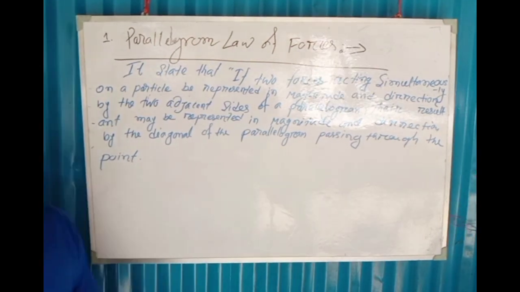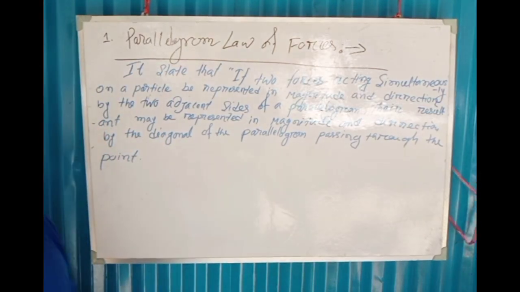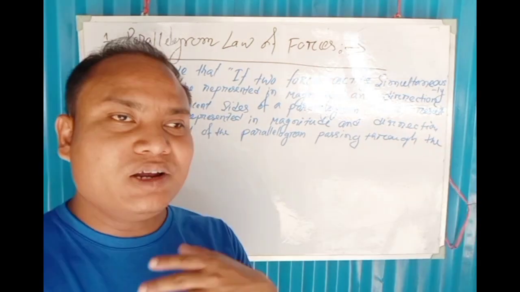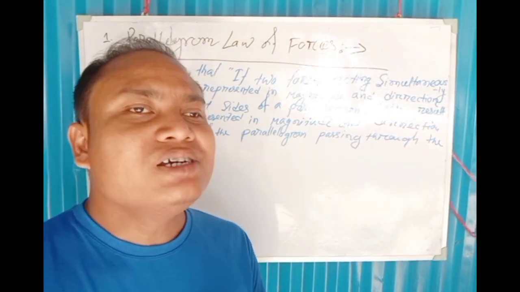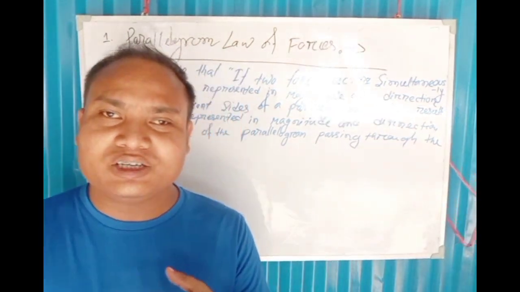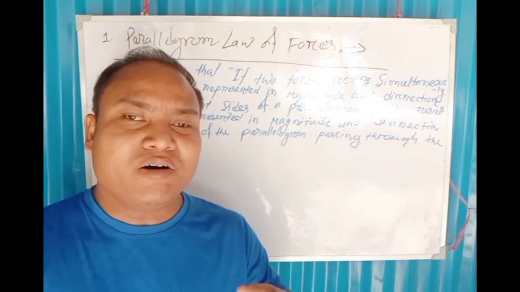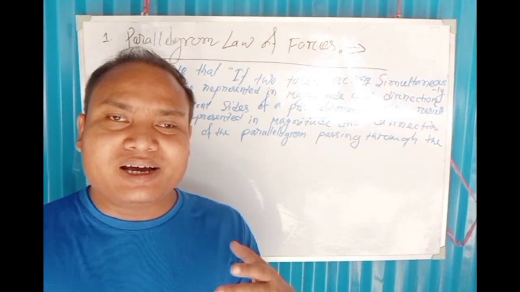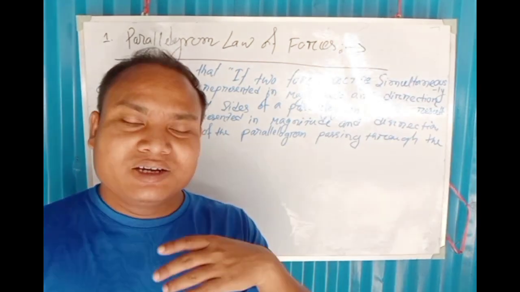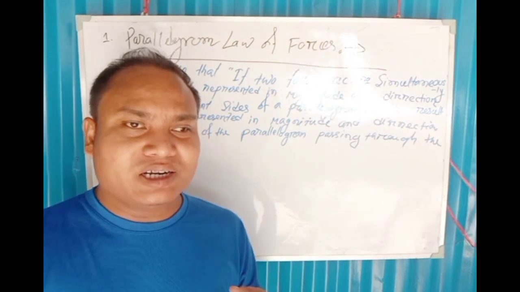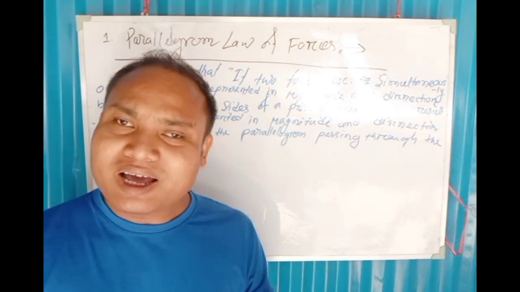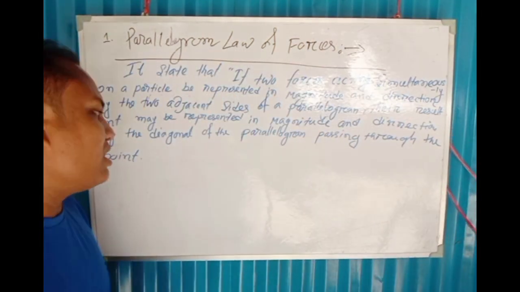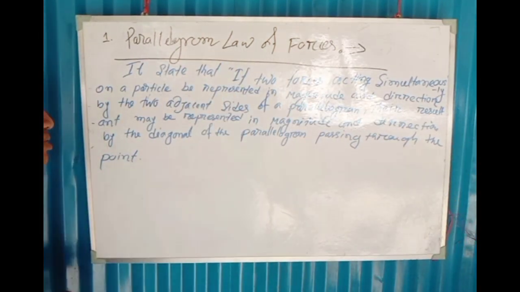The parallelogram law says that if two forces acting simultaneously on a particle are represented in magnitude and direction by the two adjacent sides of a parallelogram, then the resultant will be represented in magnitude and direction by the diagonal of the parallelogram. If I draw a diagram, it will be easier for you to understand.